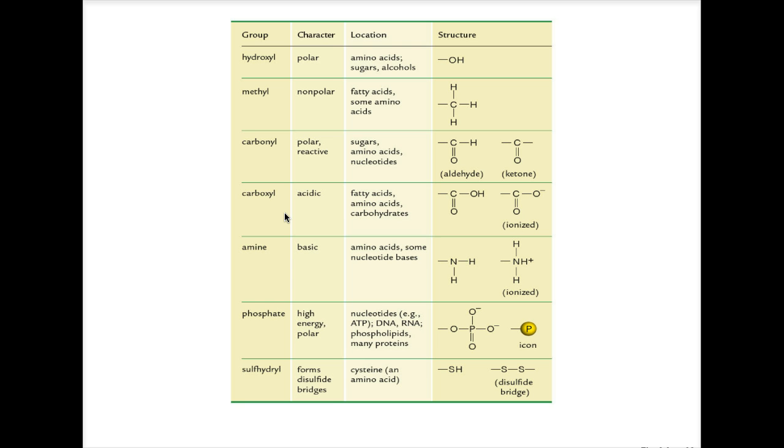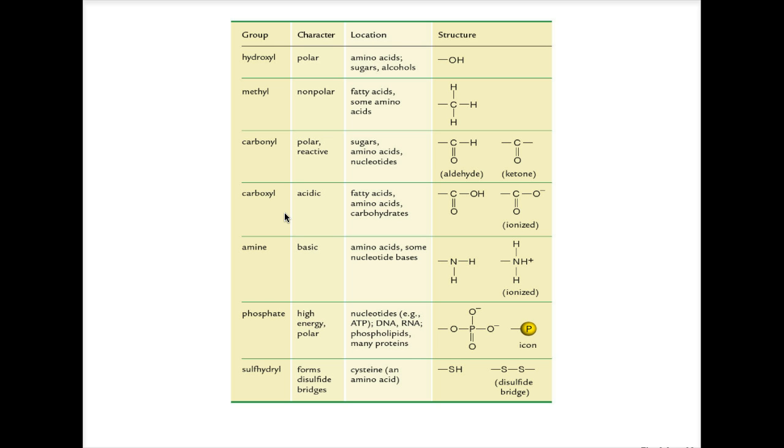Because the oxygen is more electronegative, able to hold on to the electrons in the covalent bond between the oxygen and the hydrogen, it creates a polar covalent bond. So the OH, or the hydroxyl group, is polar, and it is found in amino acids, sugars, and alcohols. So that means amino acids, sugars, and alcohols have a polar characteristic imparted by this hydroxyl group.